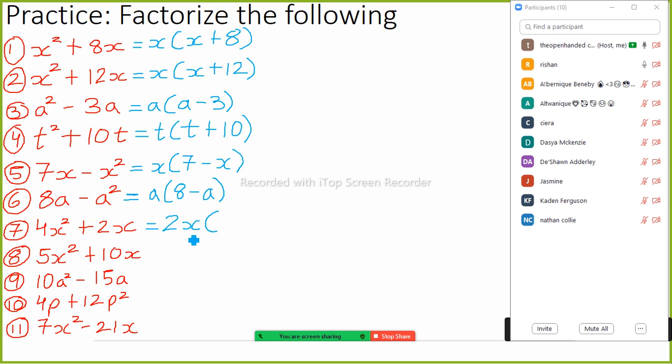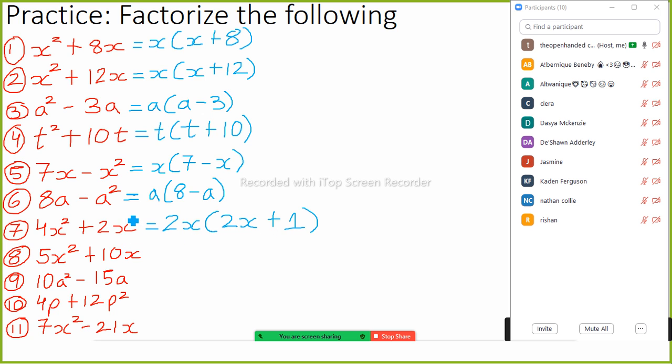What do you put inside? 2 plus x. 2x. Very good. Plus what? X. If we put another x here, it'll be 2x squared, which we don't want. How do we get 2x? Maybe if we put 1, because 2x times 1 is 2x.